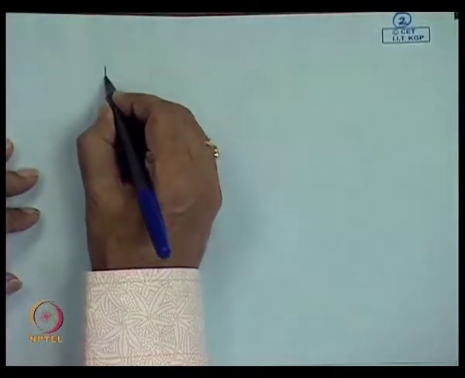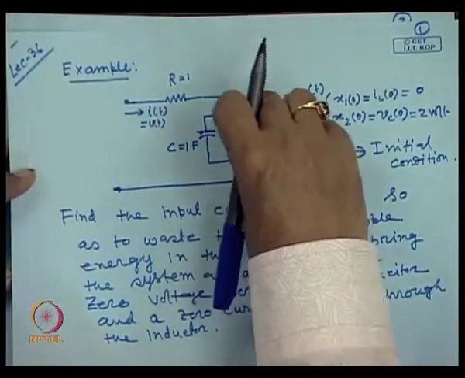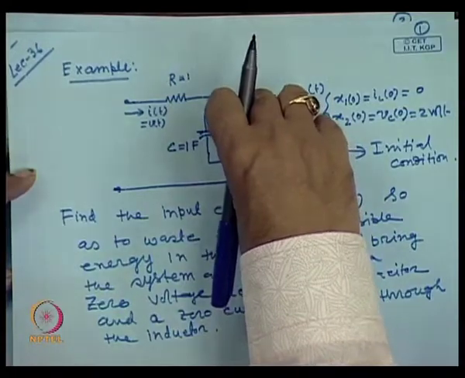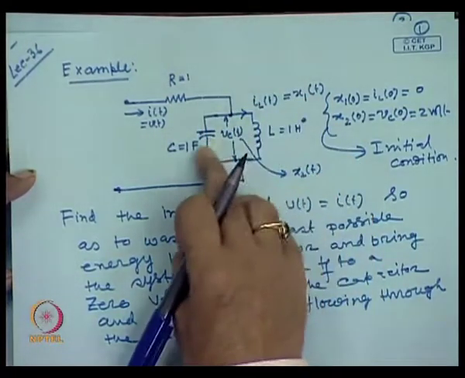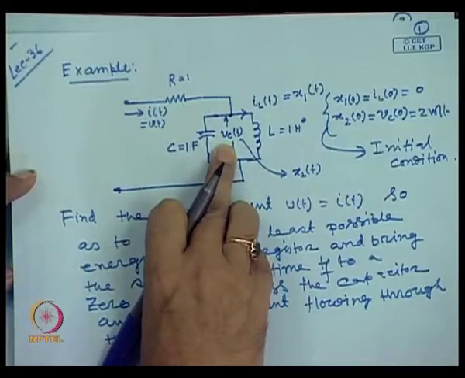So, we know that the voltage across the inductor is the same as the voltage across the capacitor.